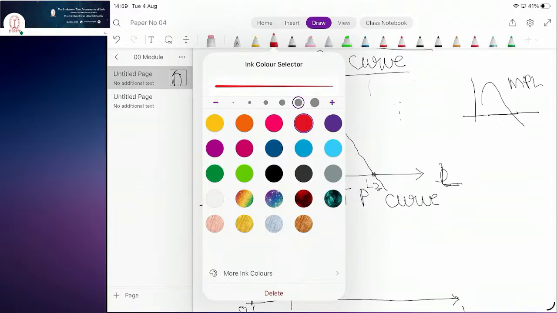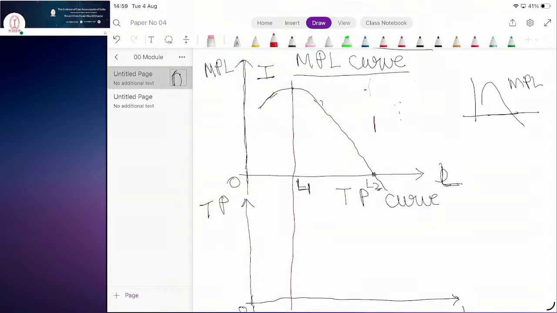This L1 to L2 region will be our stage 2 of the production process. Here is stage 1, this is going to be stage 2, and this is called stage 3. Stage 1, stage 2 and stage 3. Corresponding to this, exactly below, write L1 and L2.